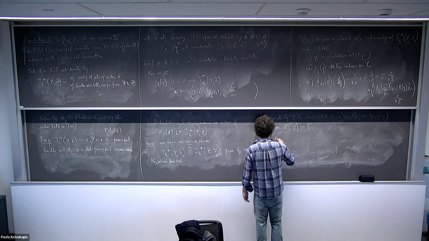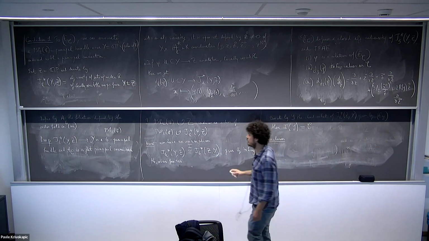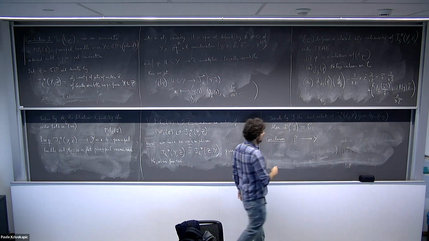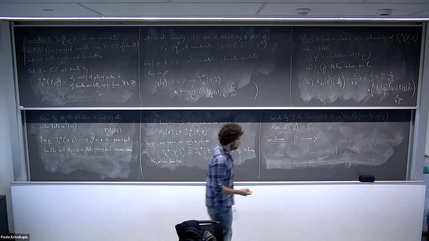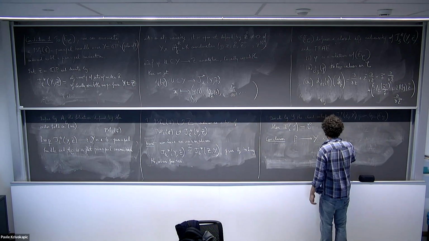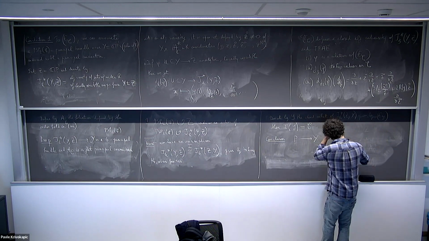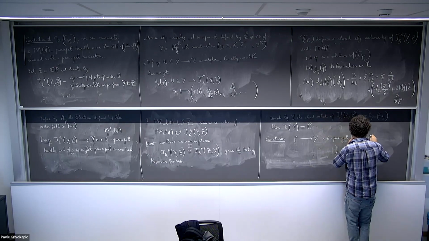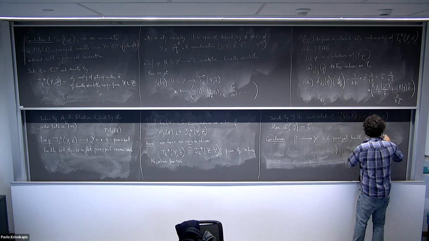What kind of object we are going to work with is that we have P in Y, a G principal bundle, and those with a connection.